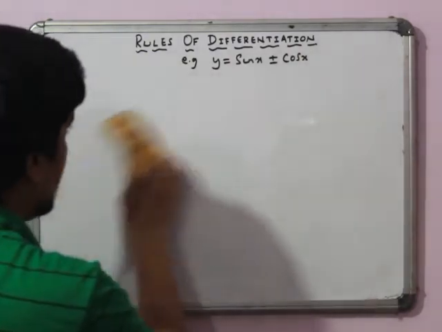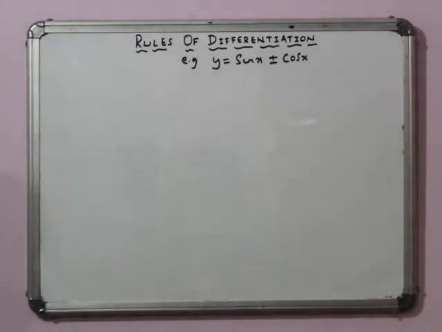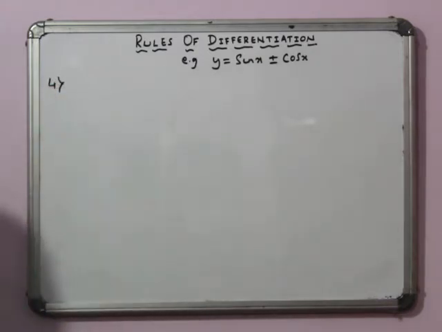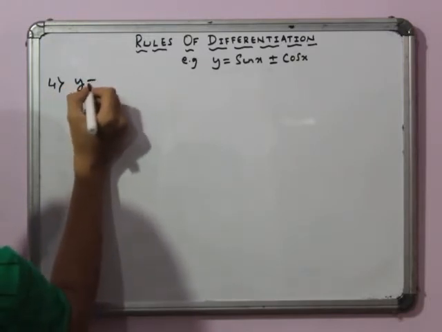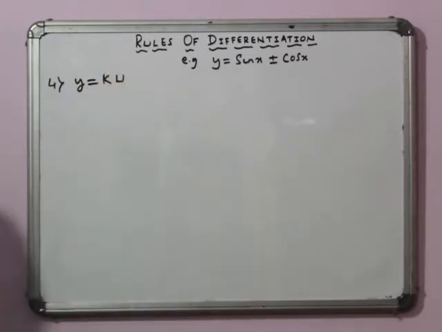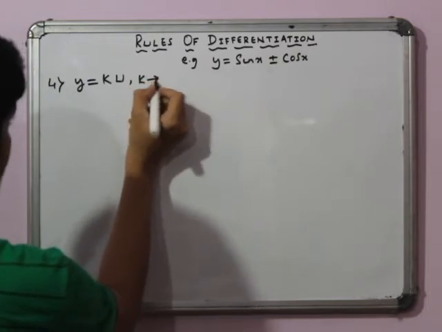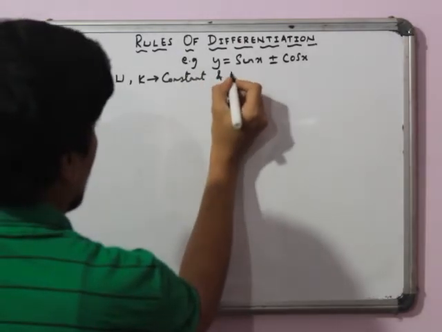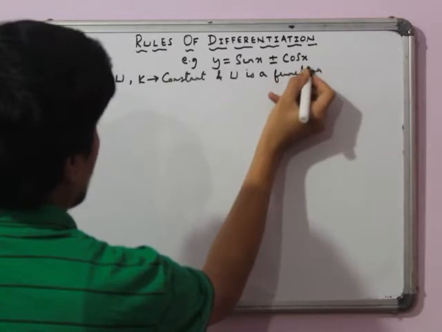So far we have discussed three basic rules of differentiation. Now let us understand rule number 4. If your function is of this form, y is equal to k into u, where k is a constant and u is a function.